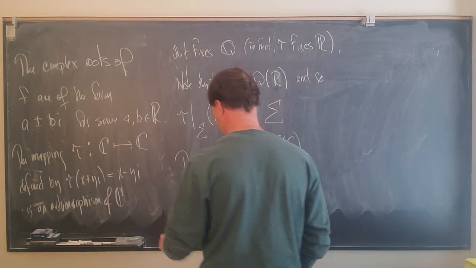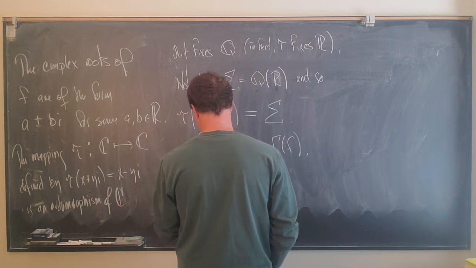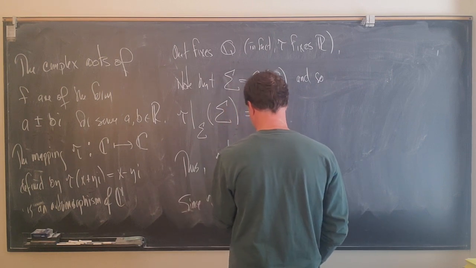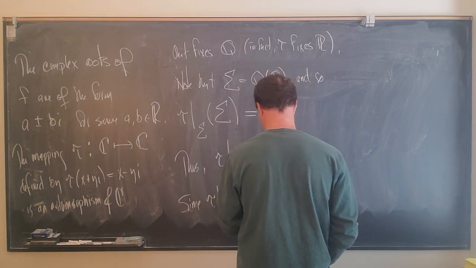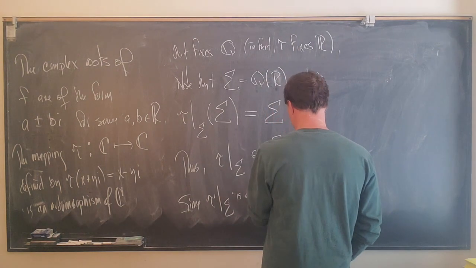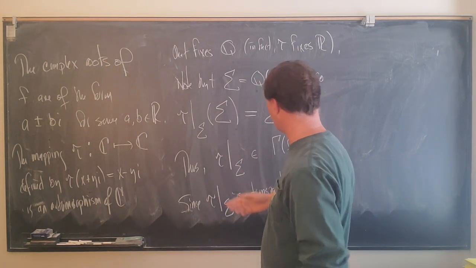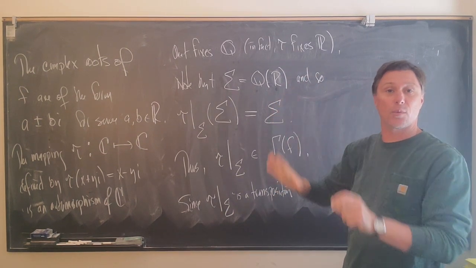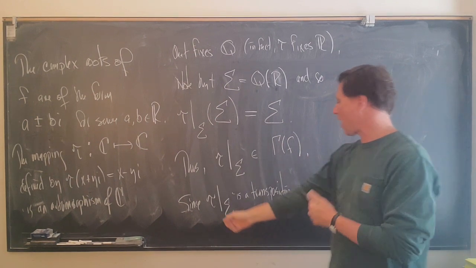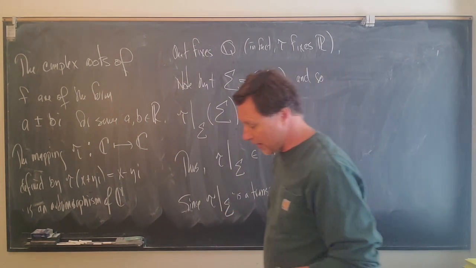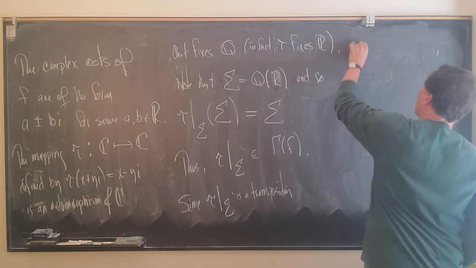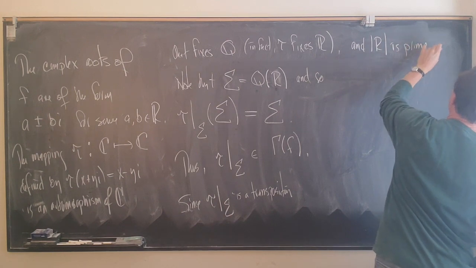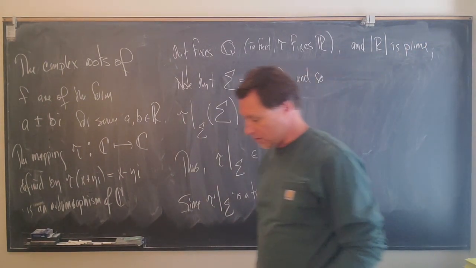So now, since tau restricted to sigma is a transposition, viewed as an element of the group of permutations of R, right? It interchanges two of the roots and leaves the other ones fixed. That's a transposition. So since tau restricted to sigma is a transposition, and the set of roots has prime size, now we can apply our previous theorem.